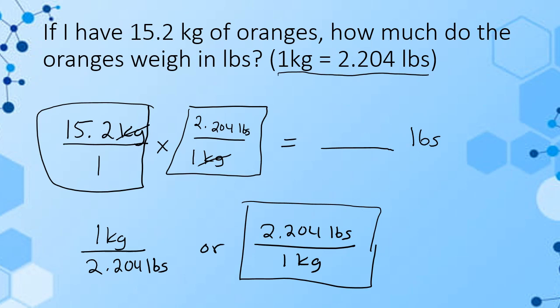The answer that the calculator returns is 33.50008, but I know from the previous lecture that because I have 3 significant figures here, my answer should be in 3 significant figures. So therefore, my answer will be 33.5 pounds.